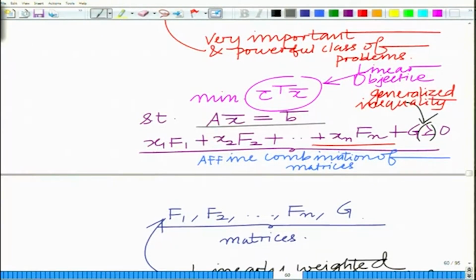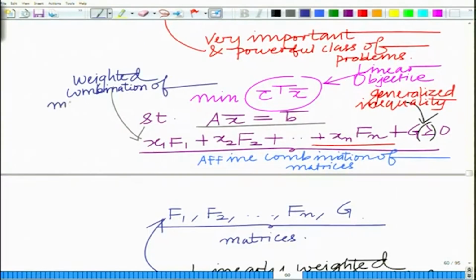What it says is that this weighted combination of matrices has to be positive semi definite.